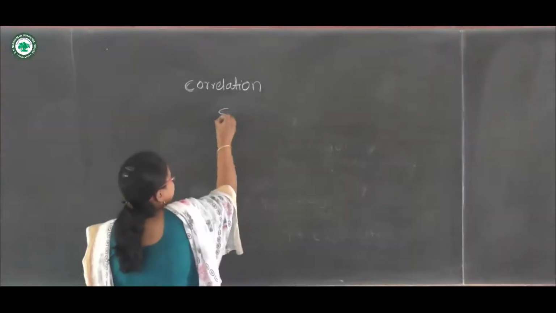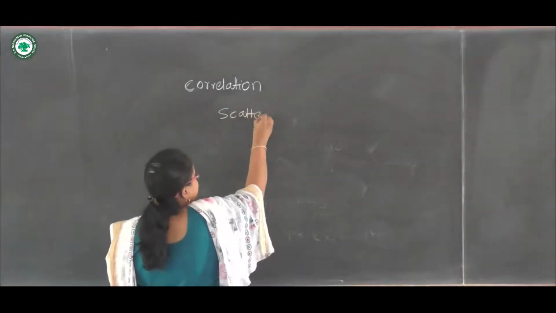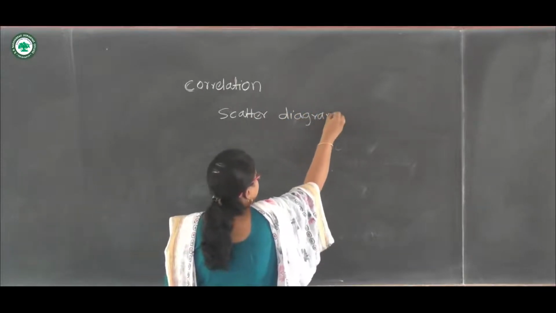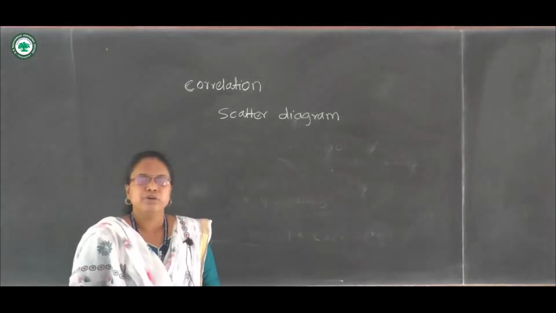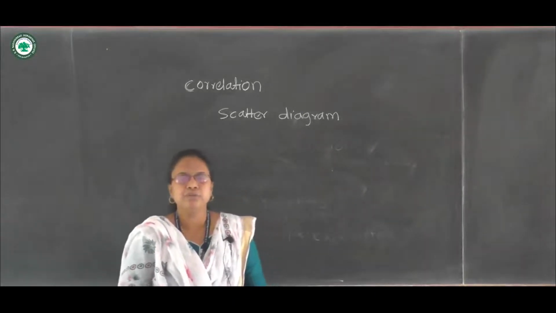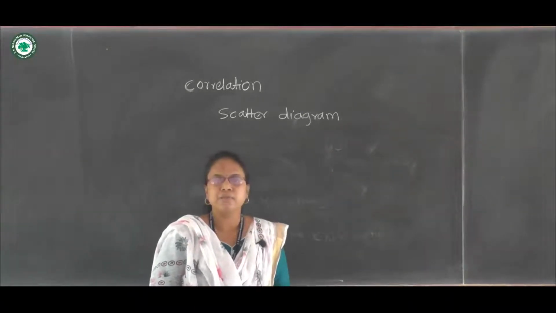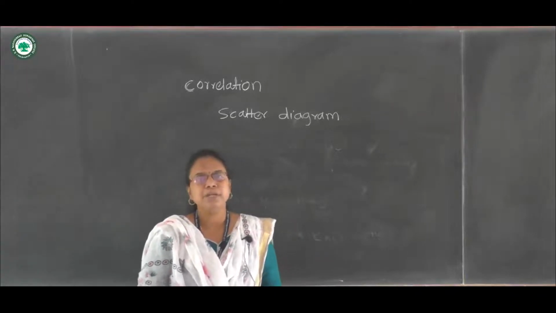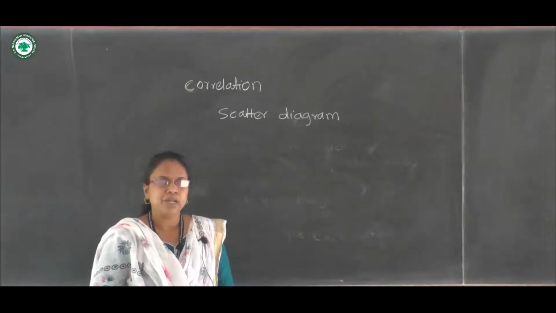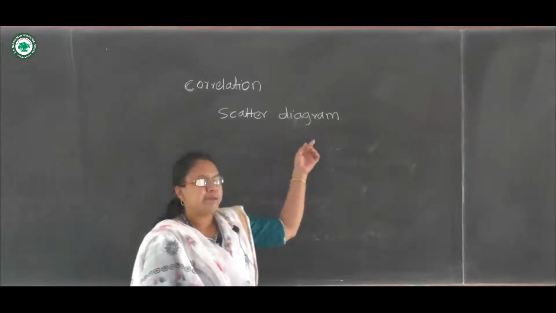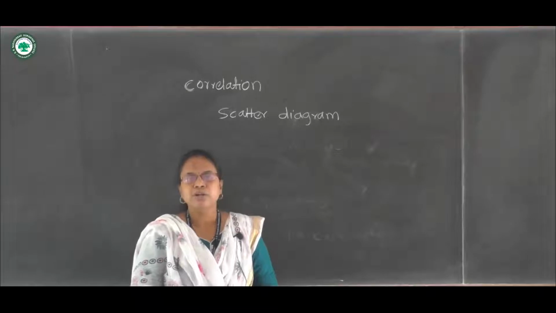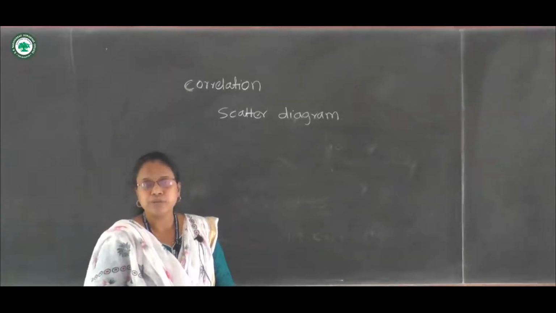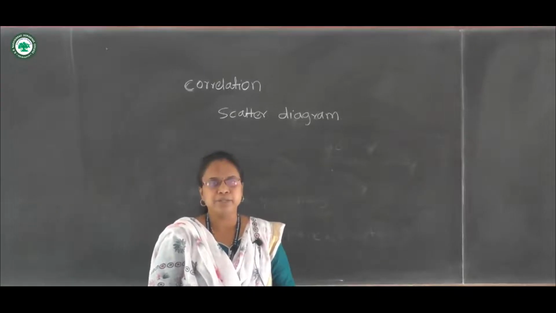The next point is scatter diagram. We have studied that two variables are either positively or negatively correlated, or there may be no correlation between them. This scatter diagram is useful to observe or visualize the type of correlation between two variables.